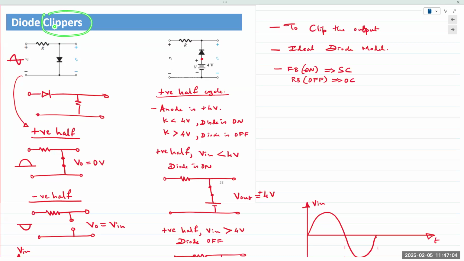Clippers are so called because they're used to clip the AC waveform. Here's a single diode, and you have some sort of sinusoidal input being applied to the diode through a resistor R. V in on the left, V out on the right.